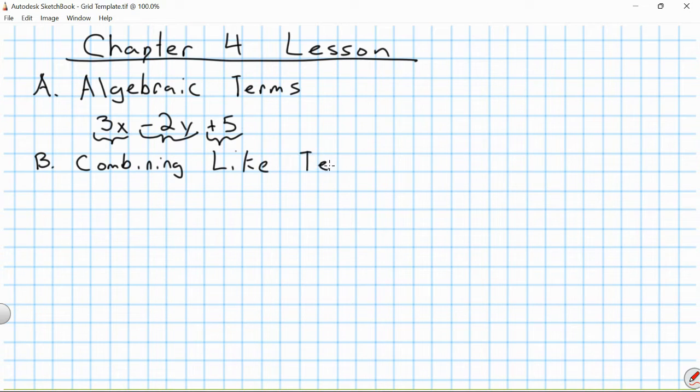Combining like terms. If you have an algebraic expression, or if you're solving an algebraic equation and you get to a point where you're adding or subtracting terms that have the same variable part, you can add or subtract their coefficients. Now that's a big long sentence. I'm going to show you what that looks like.